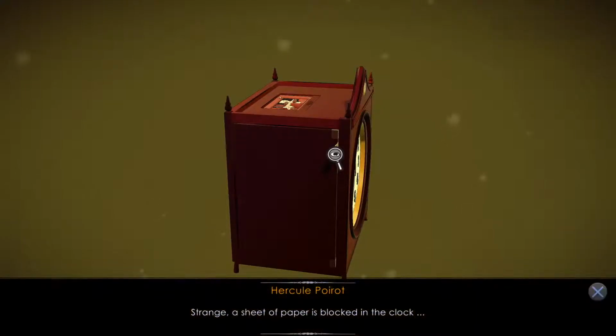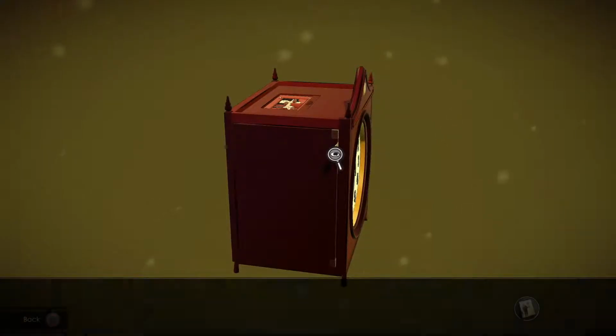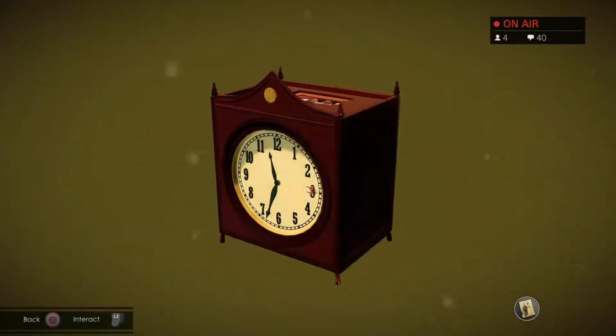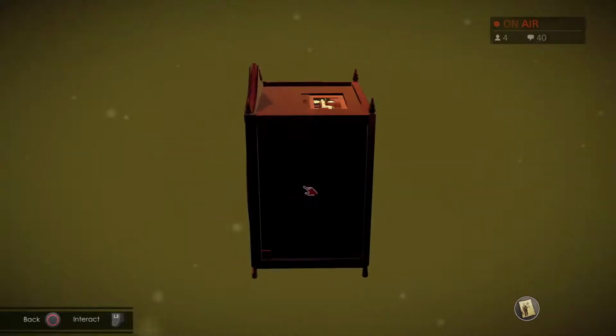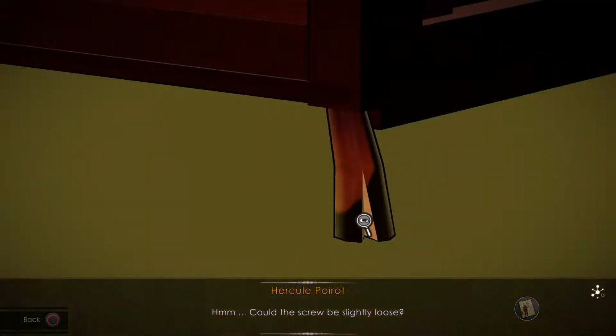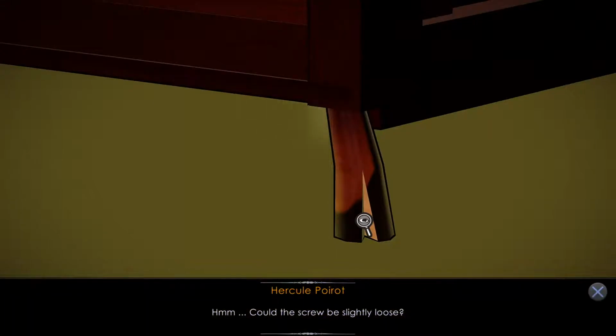Strange. A sheet of paper is blocked in the clock. What am I missing here? What are these buttons? Oh, what is this? Could the screw be slightly loose?